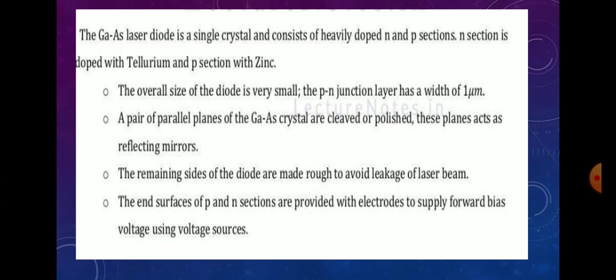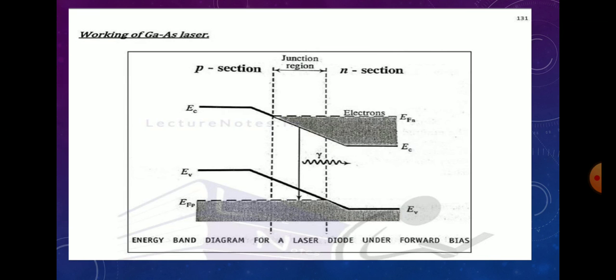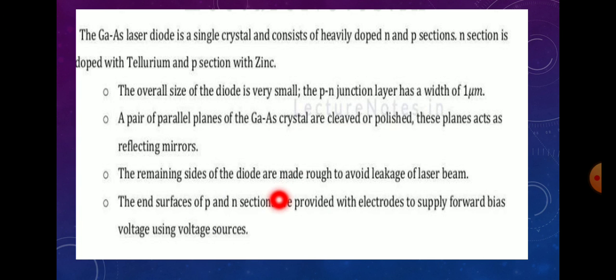Reverse bias is the opposite of forward bias. One mirror is partially reflecting and the other fully reflecting. The p and n sections are provided with electrodes to supply forward voltage.